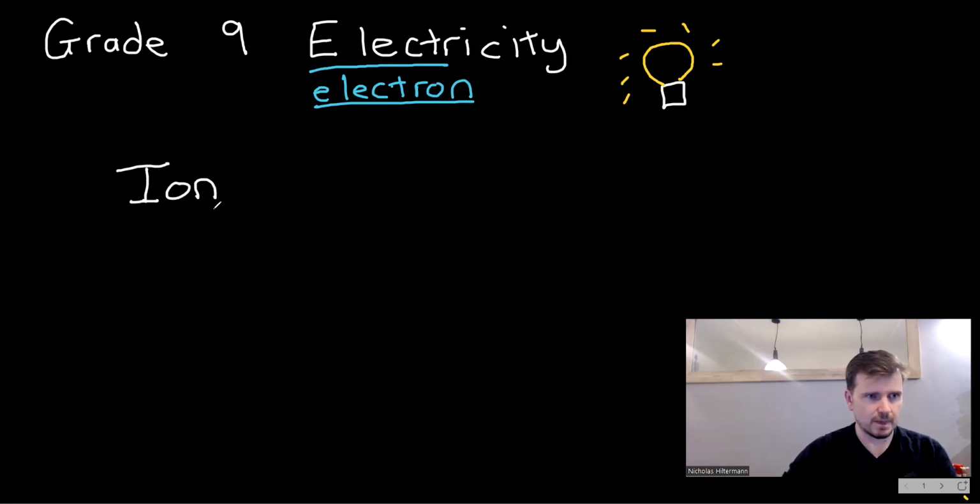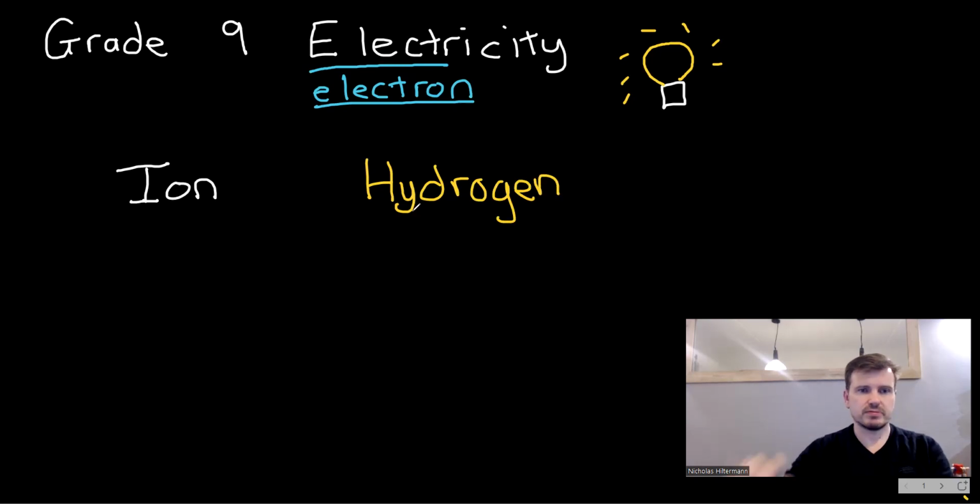An ion. Well, we know what hydrogen is, right? We know the element hydrogen. Now, when hydrogen is in the atmosphere, it's in the form of a gas called H2, hydrogen gas.